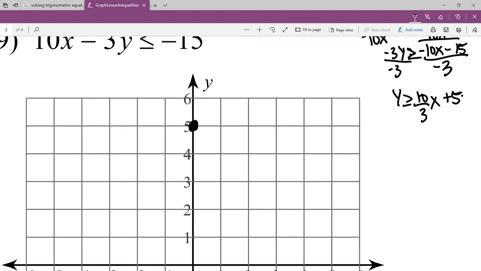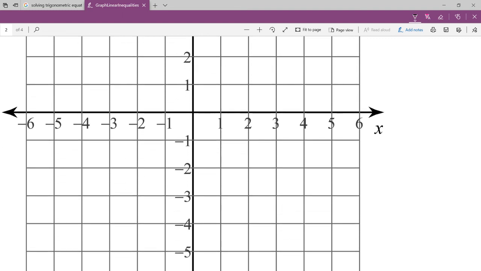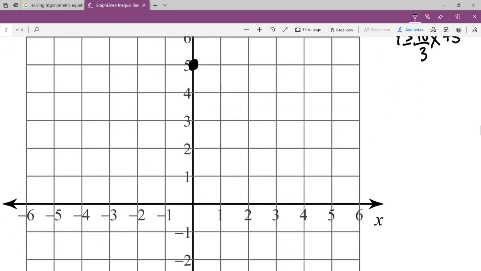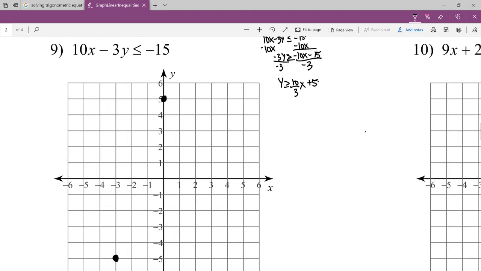So we would say 1, 2, 3, 4, 5, 6, 7, 8, 9, and then 10, and then left 3, 1, 2, 3. It would be right here. And then apparently, since we don't have other points, we just go ahead and do it.